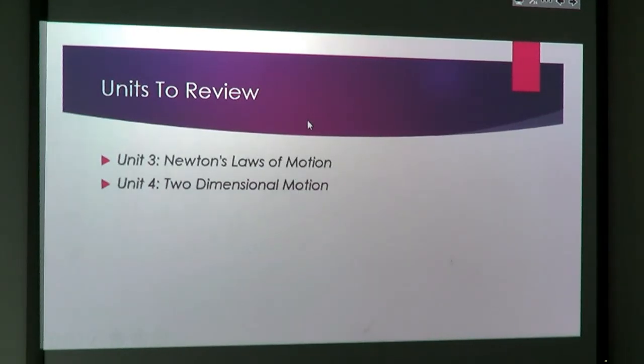Of course, we talked about the unit on force, and the unit on force was two-dimensional motion. Everything about that, maybe not in this review because I have another review for Monday, but we're going to touch some specific and important topics in two-dimensional motion.